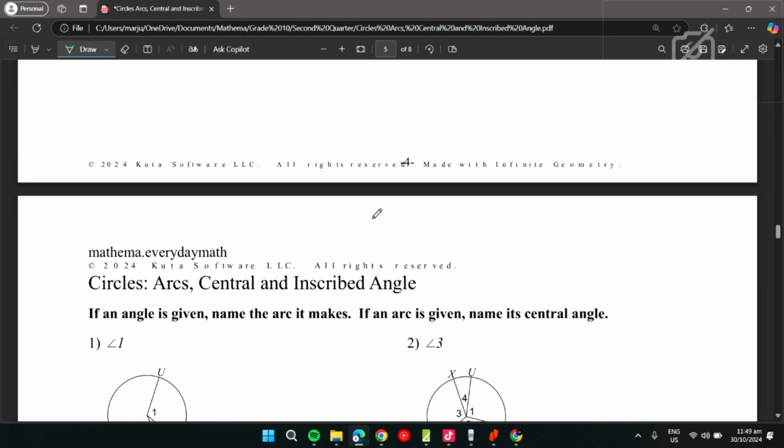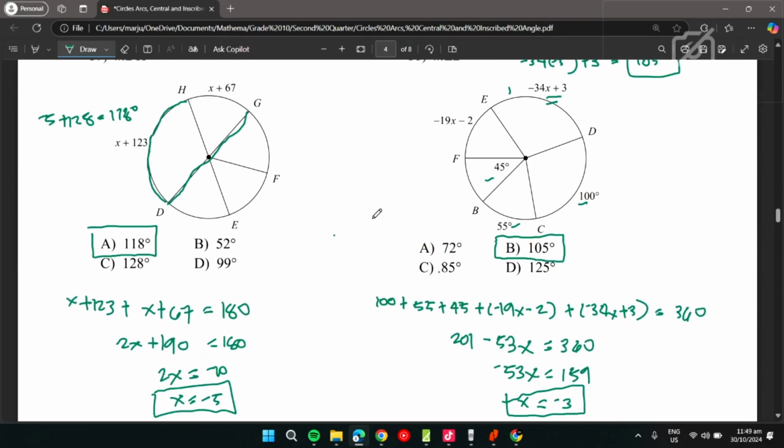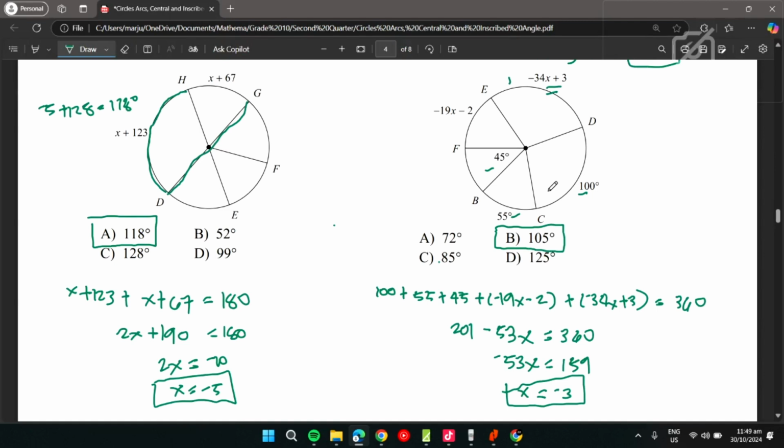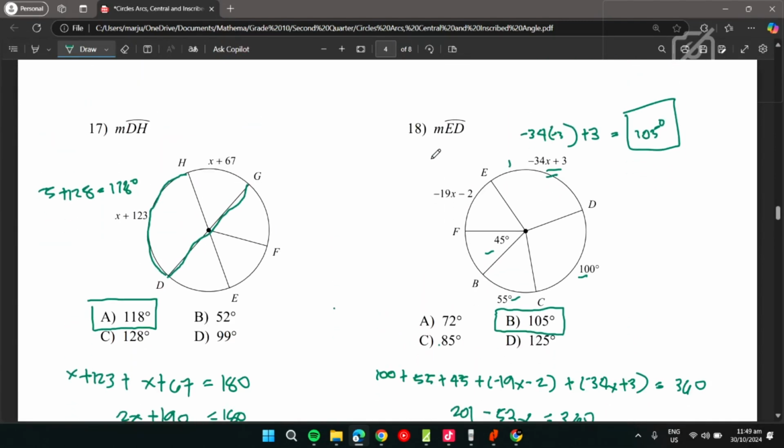I think that's done. Is that done? That's done. I only have 19 pala. I have 18. 18 questions. Alright, I think that's done. Do you need more?